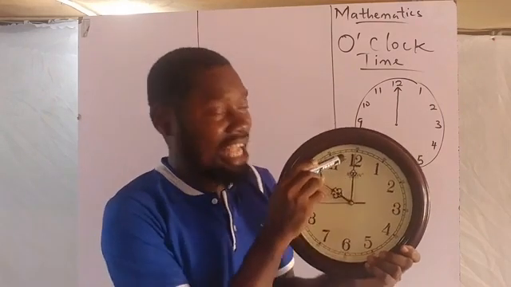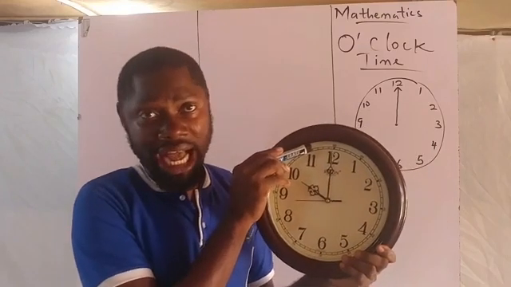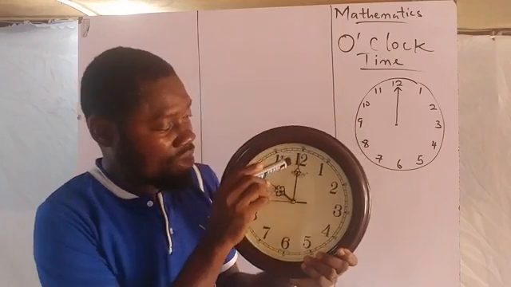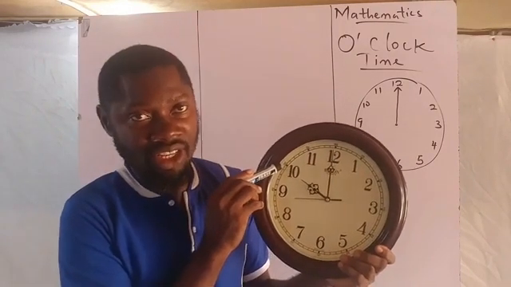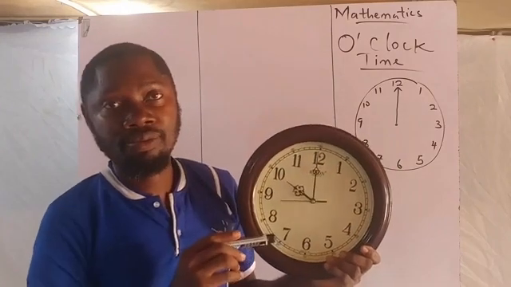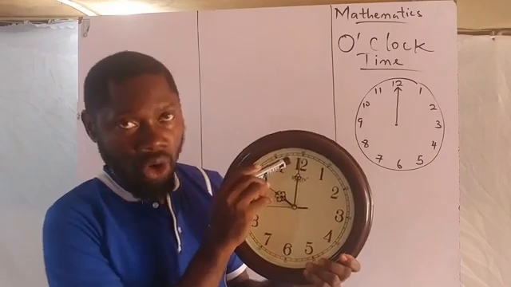Once your minute hand touches the 12, such a clock is the o'clock time. But before you call the o'clock time, call the number that the hour hand is facing or touching. This is 10. So this is 10 o'clock.